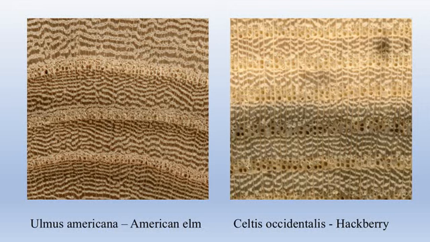Other woods do have it, and this arrangement is called ulmiform, which comes from the elm name, Ulmus. But this is very distinctive. Here, hackberry, so you can see it does have some ulmiform parenchyma, but not as repeated, or as thick.